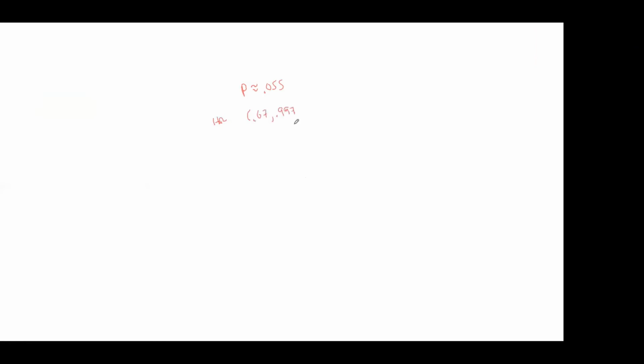You can have a p-value slightly greater than the cutoff of 0.05, maybe 0.055, which is technically not statistically significant, and your confidence interval, say for a hazard ratio, technically doesn't include the null value of 1.